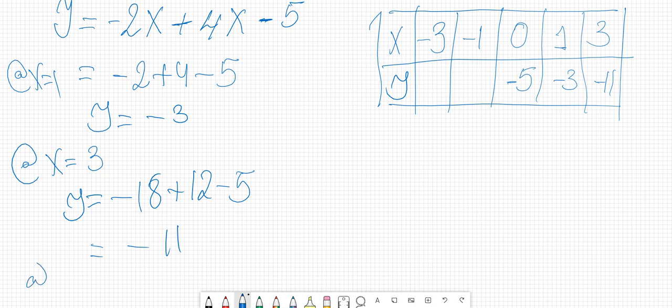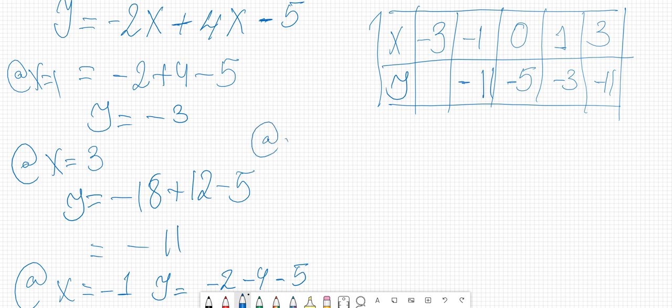So at x equal to negative 1, we will also have y equal to negative 2, negative 4, negative 5. So it is negative 11. And at x equal to negative 3, it will be negative 18, negative 12, negative 5, negative 35.